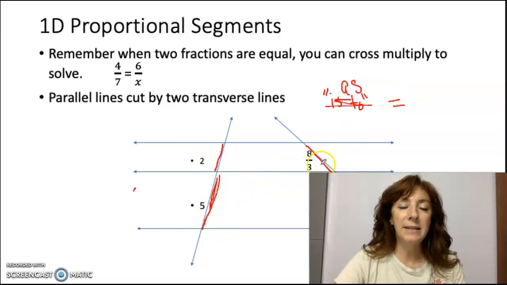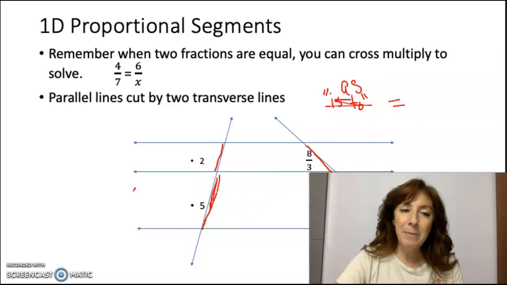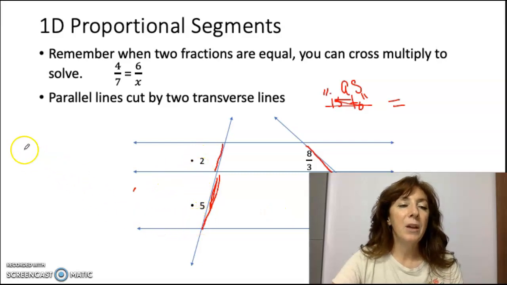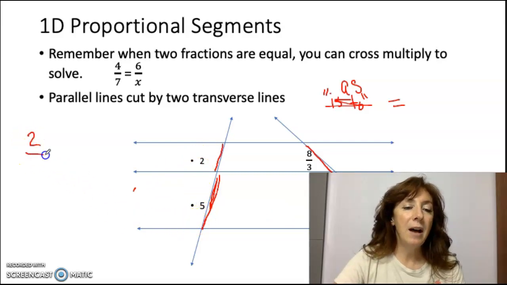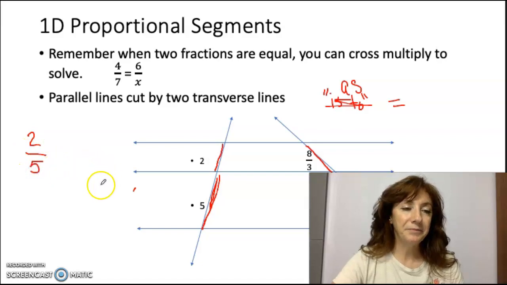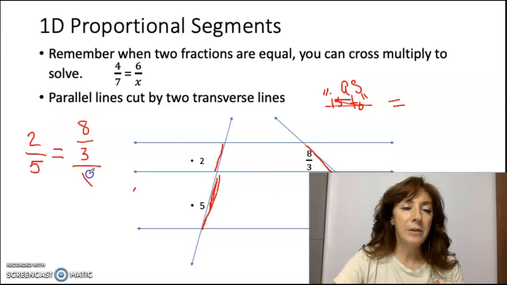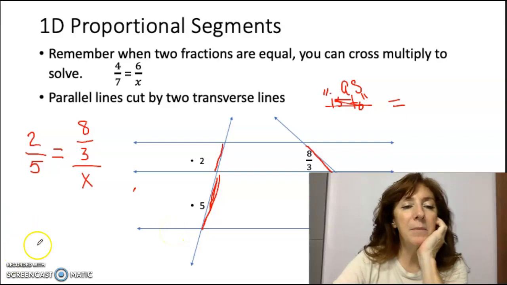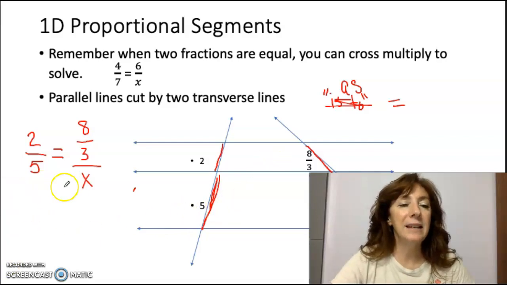We can set up an equation that looks just like this diagram. We write a 2 on top of a 5, so 2/5. Top is to bottom as 8/3 is to x. Top is to bottom equals top is to bottom gives us an equation.